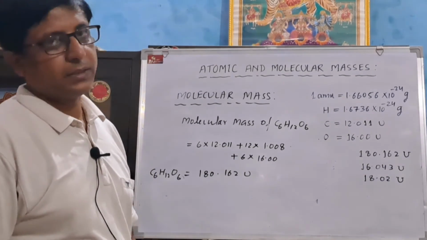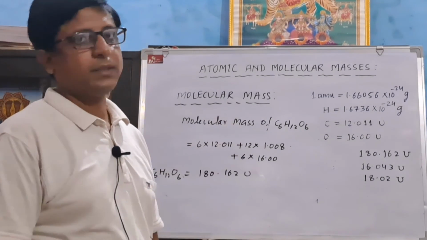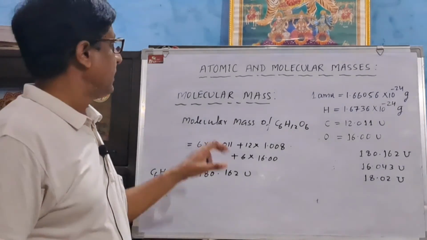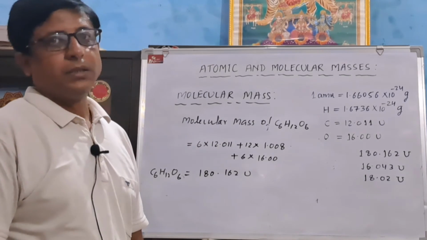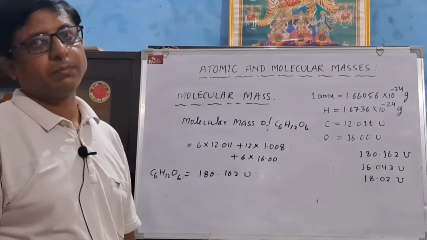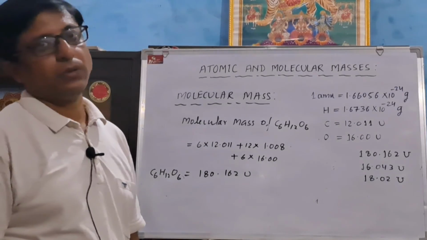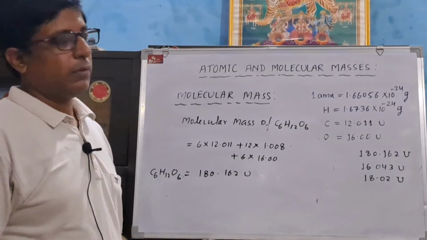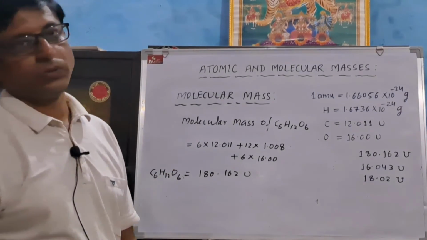So today I have discussed atomic masses and molecular masses. Molecular mass is given by the sum of atomic masses of the different elements present in the molecule. We have taken the examples of water, methane, and glucose.